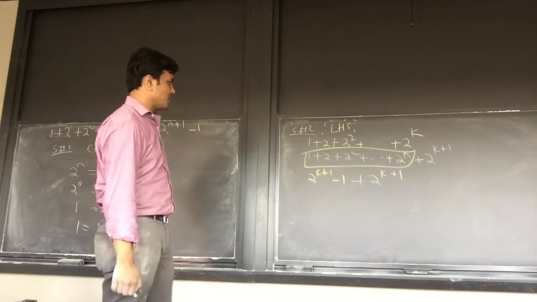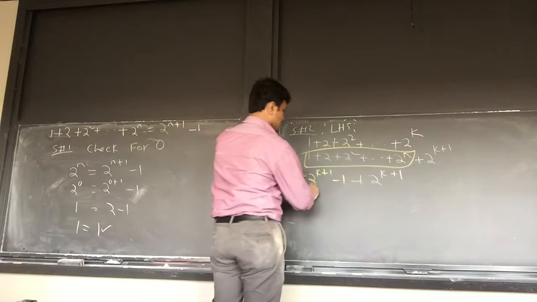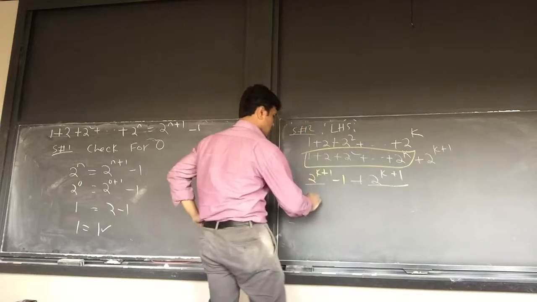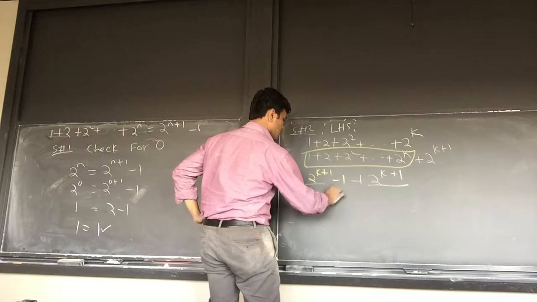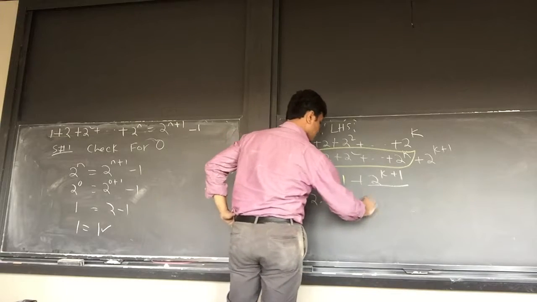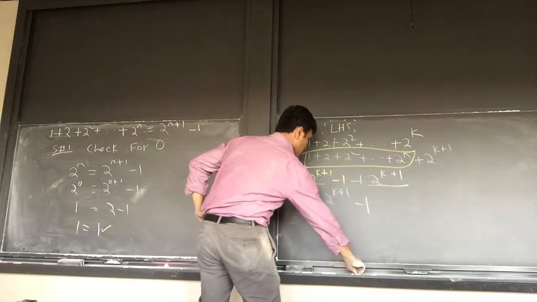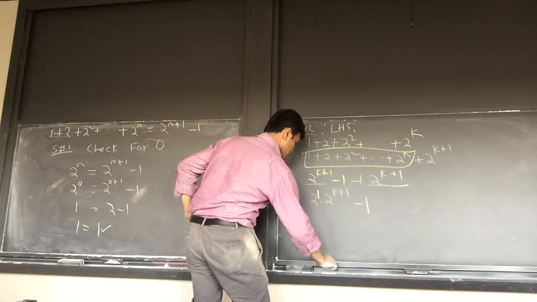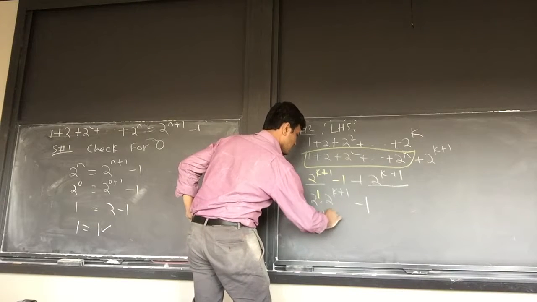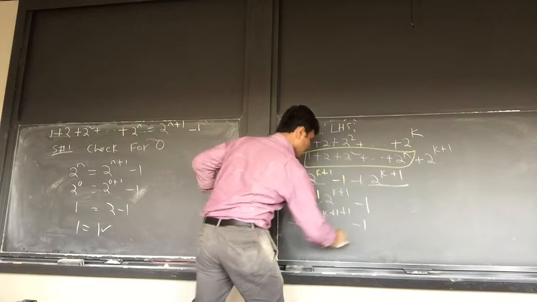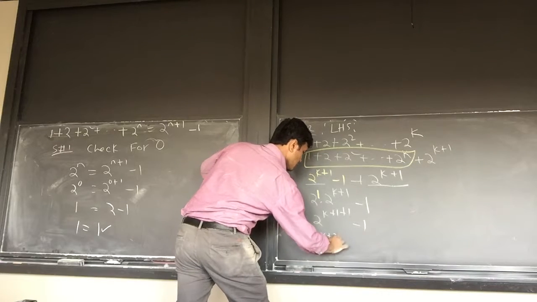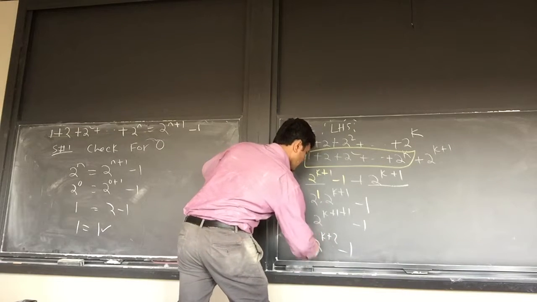Okay, now what are we gonna do? This and this, 2 times 2 to the k plus 1 minus 1. So you're gonna put 1 over here. So now 2 to the k plus 1 plus 1 minus 1. So 2 to the k plus 2 minus 1. This is our left hand side.